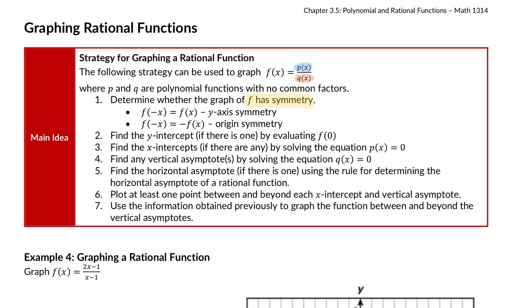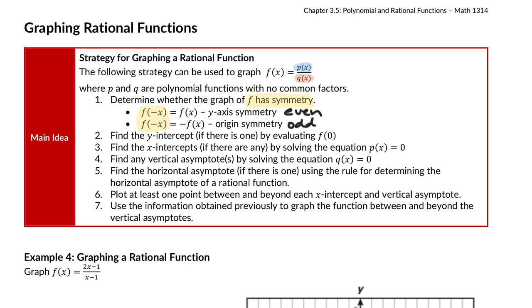You're going to plug in negative x to the function. If you plug in negative x and it comes out exactly the same as you started, you have y-axis symmetry, that's called an even function. If you plug in negative x and the function changes all of the signs, so every positive becomes a negative and vice versa, that's called origin symmetry or an odd function.